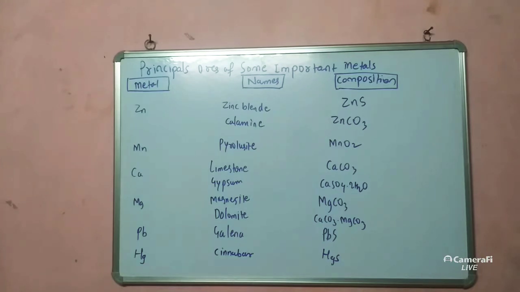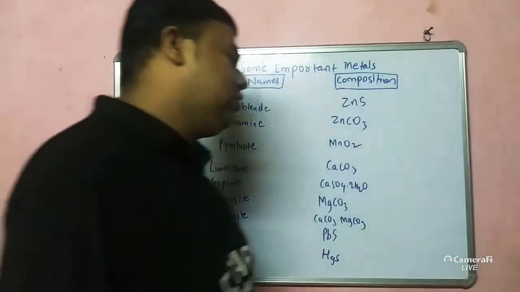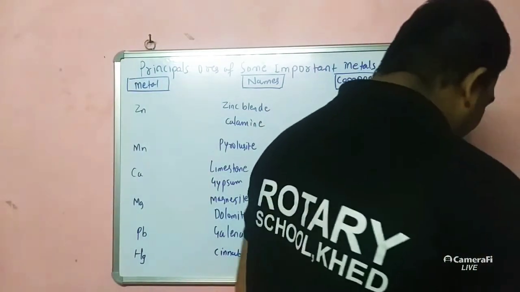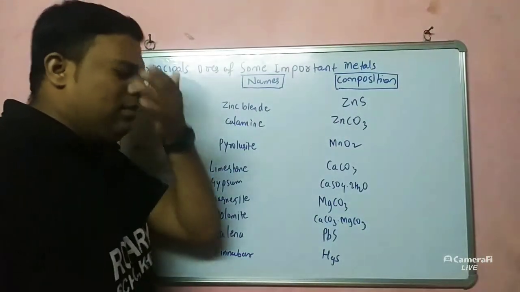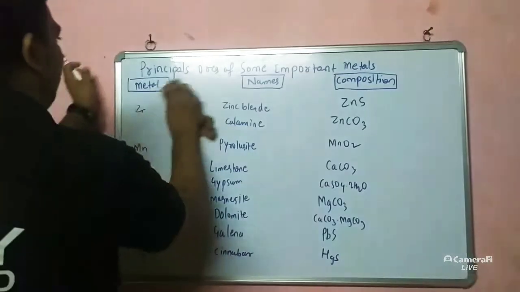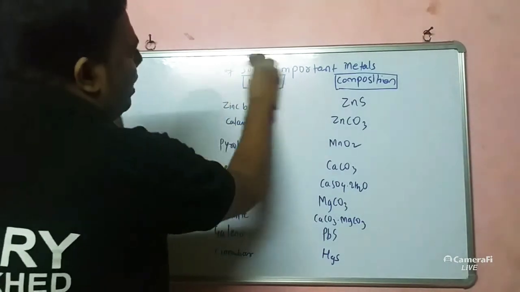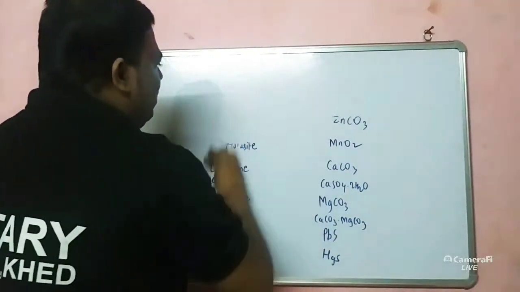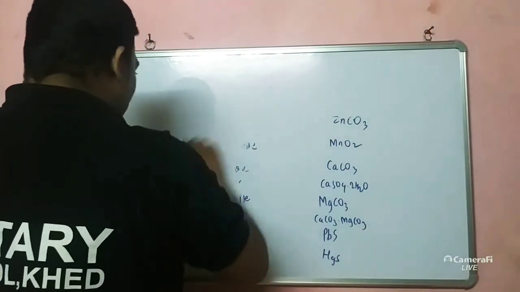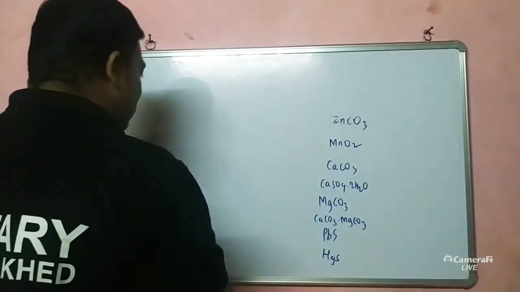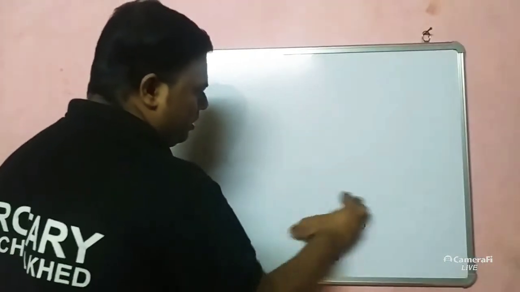So concentrate on the next part. I hope you wrote all this content clearly. Now concentrate on the next topic, extraction of elements, or we can say metallurgy, metallurgical operations.